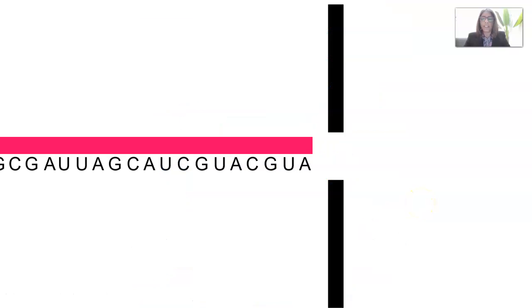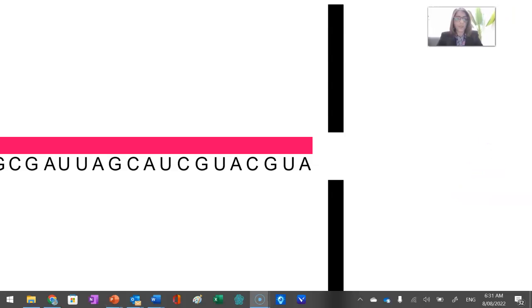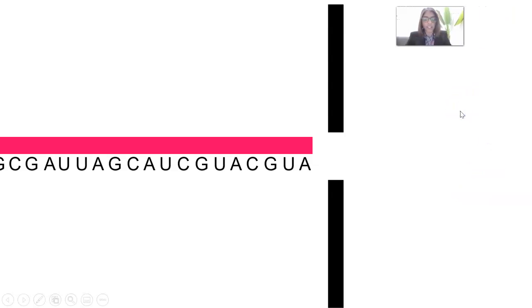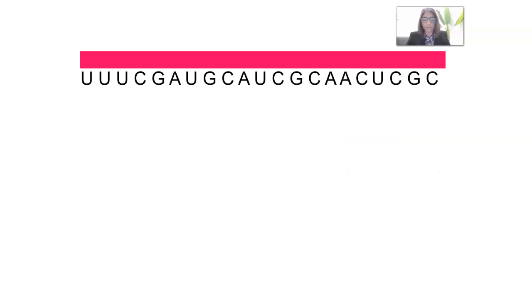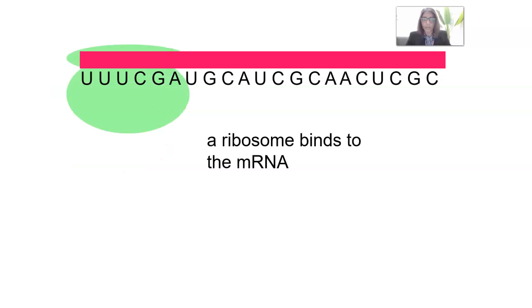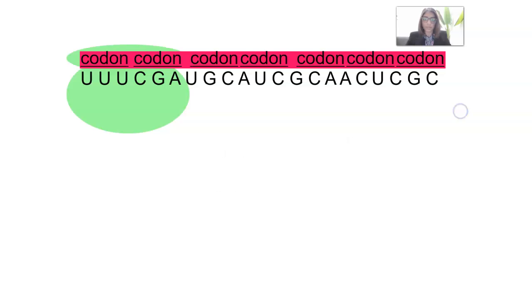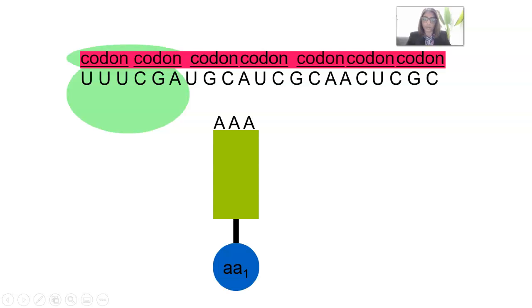So again, another little summary just to show you how translation occurs. So this is our mRNA leaving the nucleus via the nuclear pore. A ribosome in the cytoplasm attaches to the mRNA sequence. And we know that each group of 3 bases in mRNA is known as a codon.